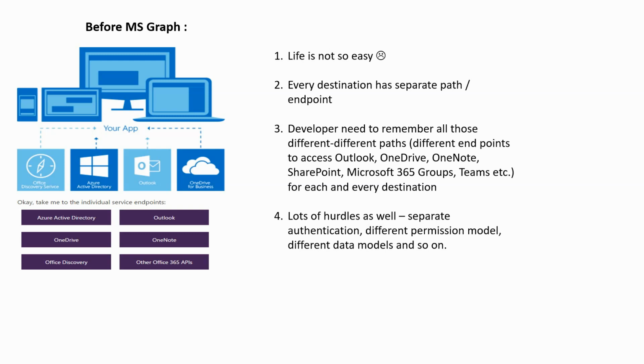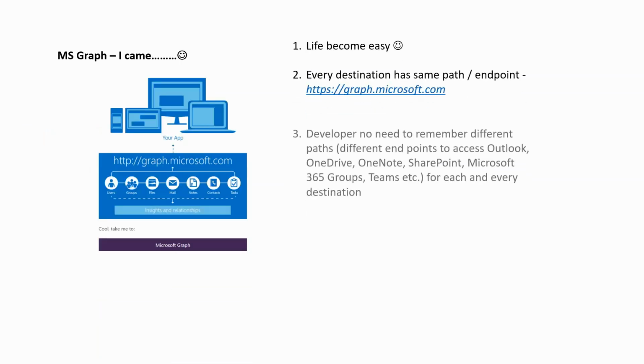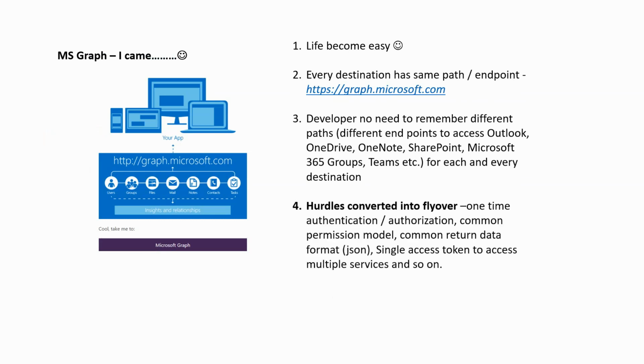Then Microsoft came up with Microsoft Graph, and it became a bit easy for the developer, because now to access every service of Microsoft 365, or to get the data from the Microsoft 365 cloud, there is a single endpoint, https://graph.microsoft.com.